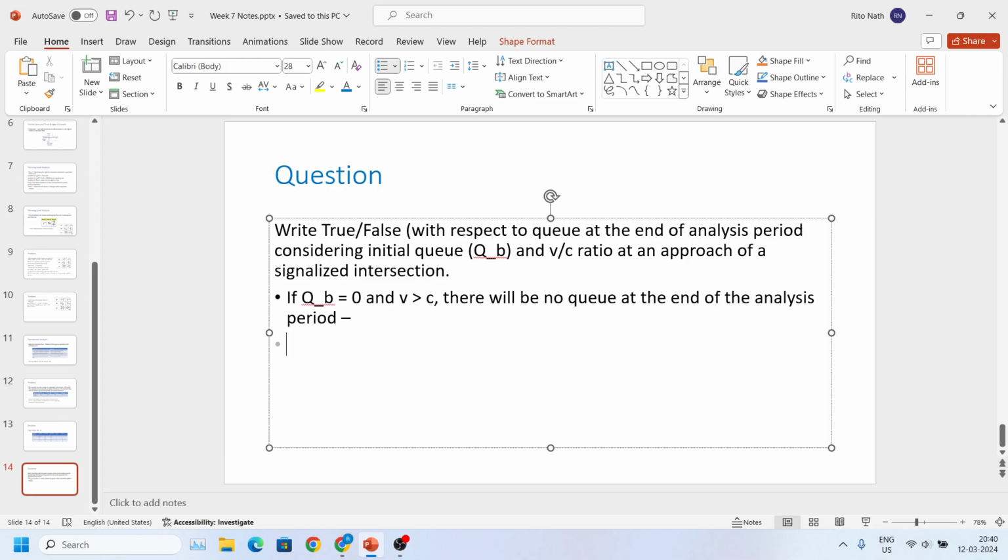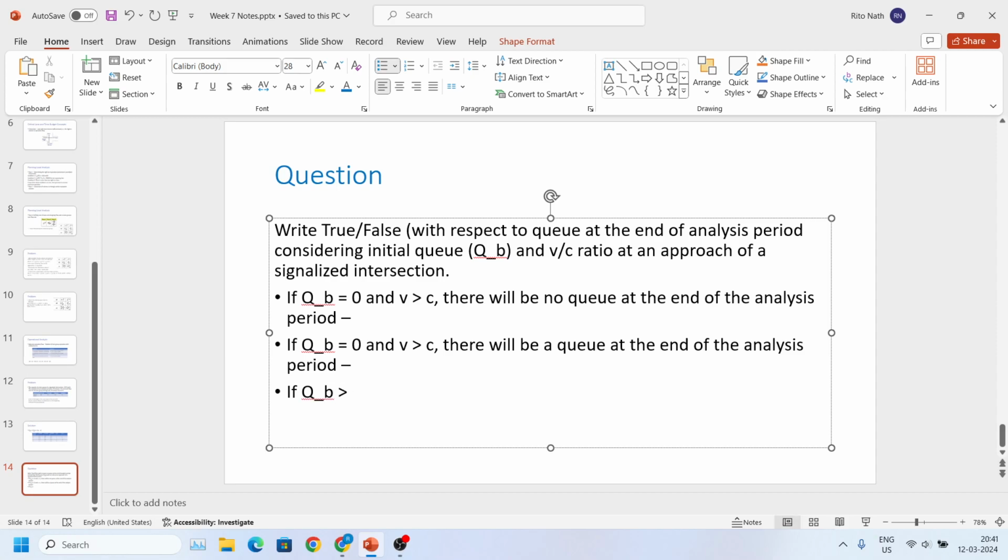That's the first one. Next is if QB equals 0 and V by C greater than 1, there will be a Q at the end of the analysis period. So this is the discussion we had just now. It's the same question in a different way, right? So I think you'll be able to answer it easily.